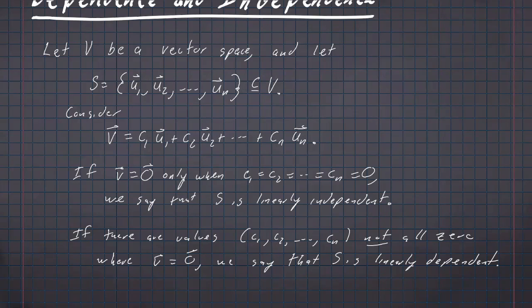If that is not the case, if there are values for c1 through to cn that are not all zero, and you can still get that vector v is the zero vector, we say that S is linearly dependent.